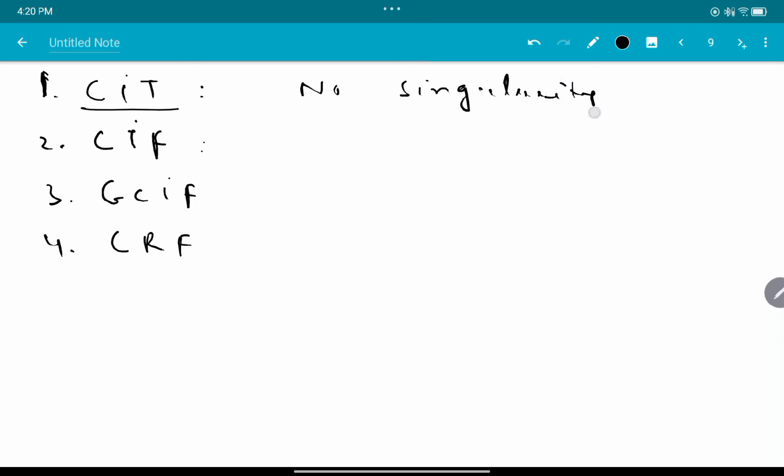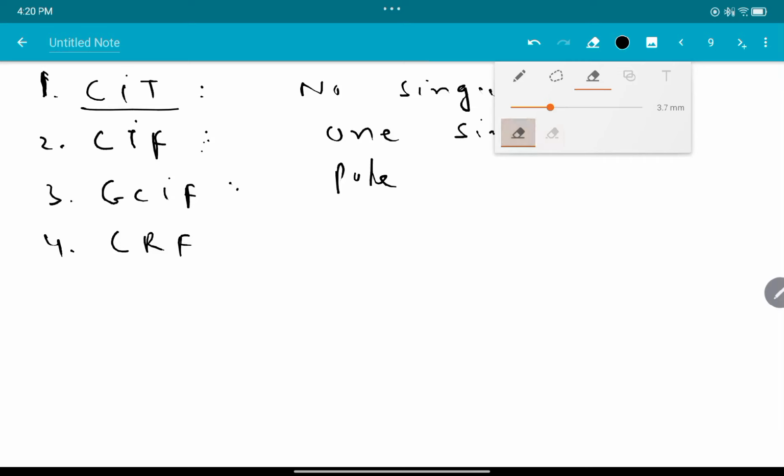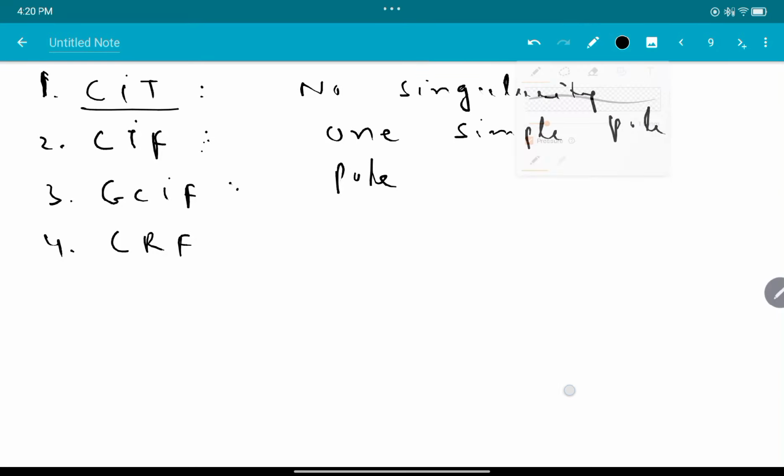When there is one singularity, one simple pole, it is only applicable to that. Then the generalized Cauchy's formula is for a pole of order greater than 1.